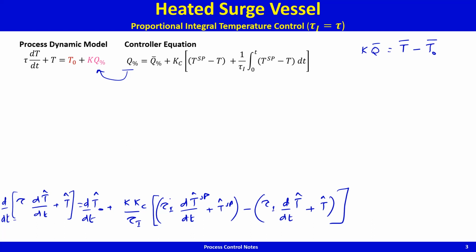Now we put tau I is equal to tau. This tau I is again equal to tau, and then what you get is in operator form, where d by dt is an operator, so we get d by dt and tau d by dt plus 1.